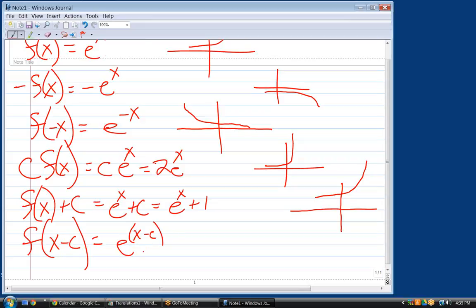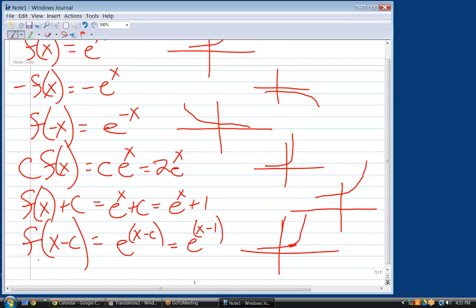What kind of translation is this? That's going to move to the right by c amount. In other words, if I had e to the x minus 1, it would take my original curve and move this point that we know 1 over. It doesn't look greatly different, but it's a little different.